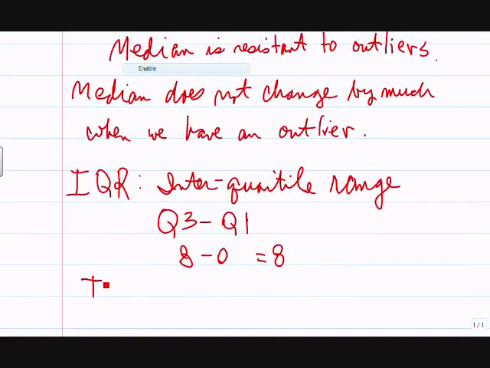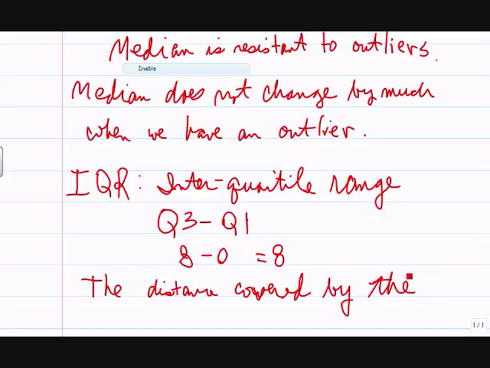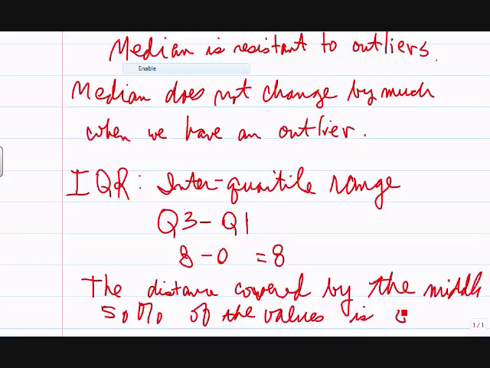So this interquartile range tells me that the distance covered, C-O-V-E-R-E-D, I can spell, by the middle 50% of my values, is 8, and I don't have any units here because I don't know what I measured, so I'll just say 8 units.